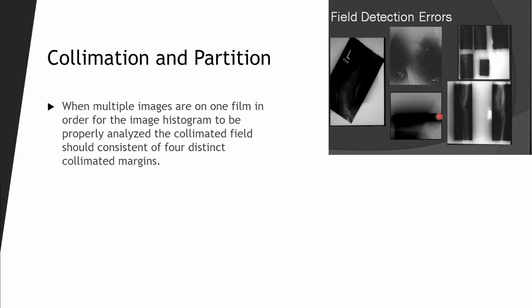This is an example of the edge, how if it goes off the edge, or an alignment error where we're misaligned with the cassette, the image plate, or whatever this happens to be, it can't find the 4 edges, so it's including this whole field and using all this extra data, this collimated area, to process the image, and it's going to misrepresent the anatomy here.